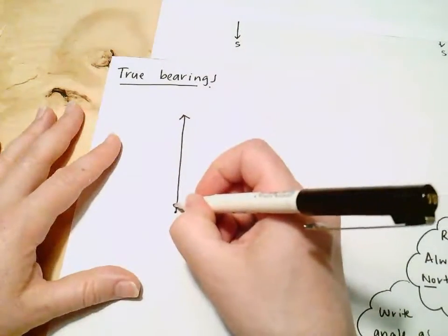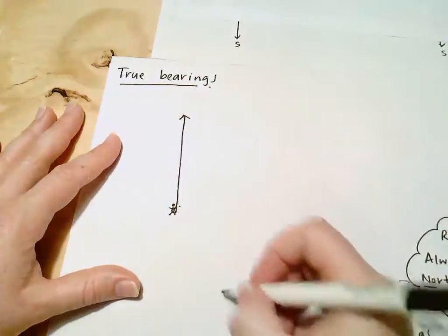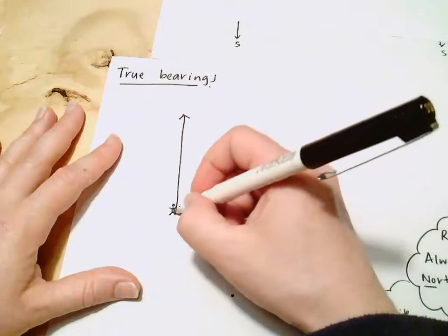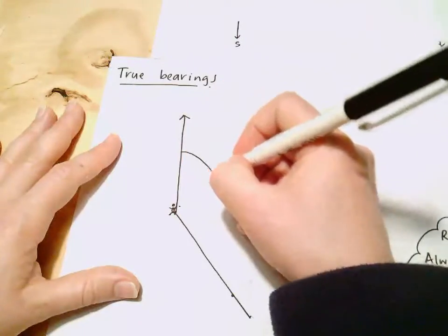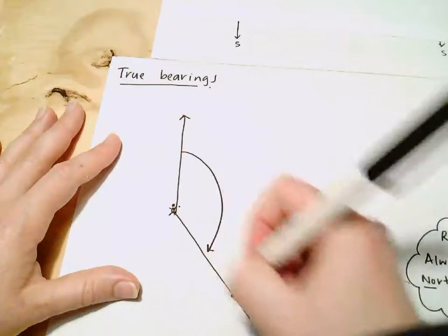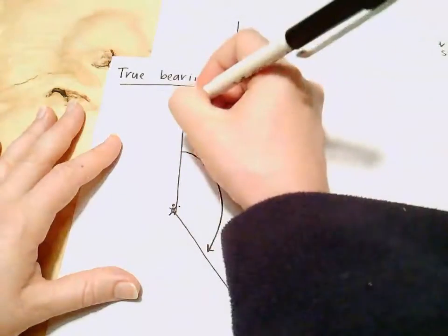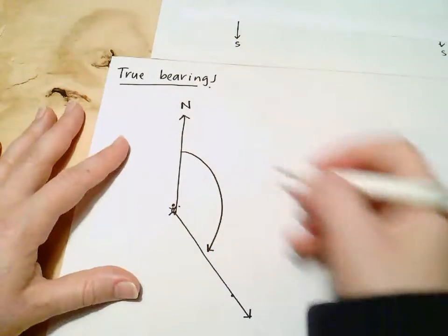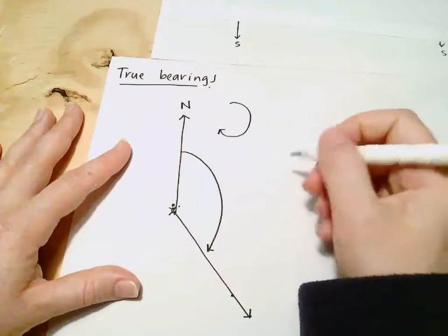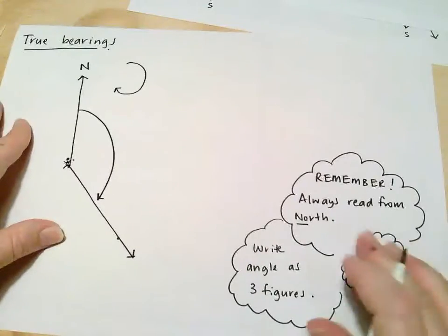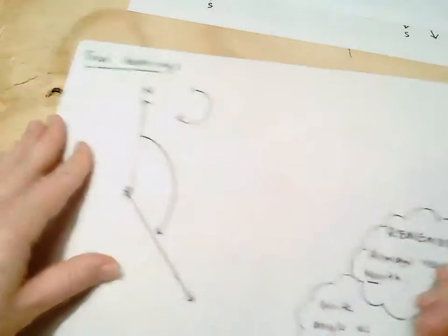So if I'm a little person standing here, and there's a point down here that I want the bearing of, if I'm giving a true bearing, I'm interested in the angle formed by that particular direction and the northerly direction. So it's always measured in a clockwise direction around from north. So we've always got that here, always read from north.